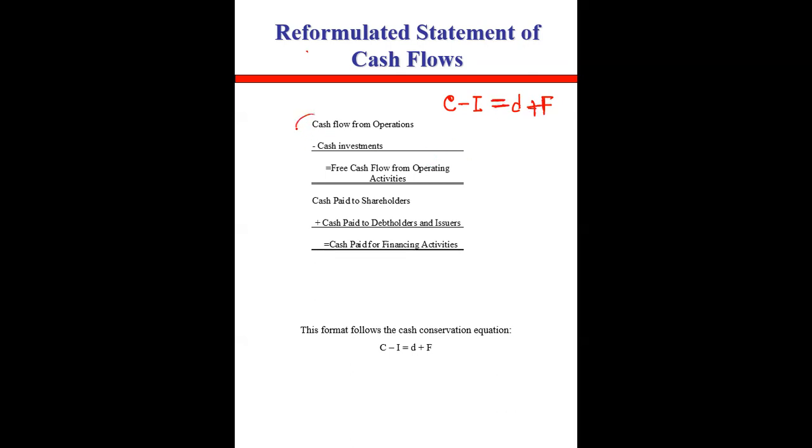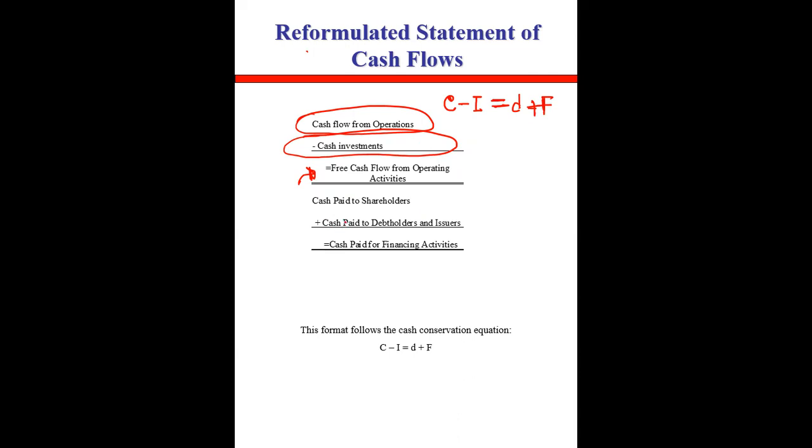We like to separate out the cash flow from operations. And in my operations, we are making investment. We take those investment, cash investment. It can be investment in working capital, and it can be investment in fixed asset or capital expenditure. So the difference between these two, we already have mentioned that this is the free cash flow from operating activities.